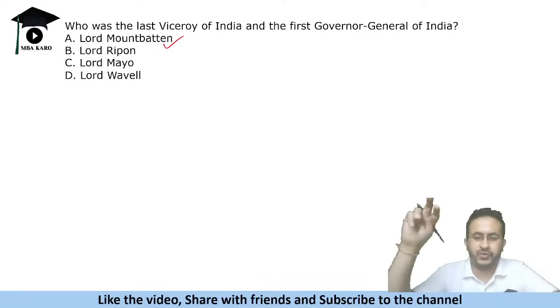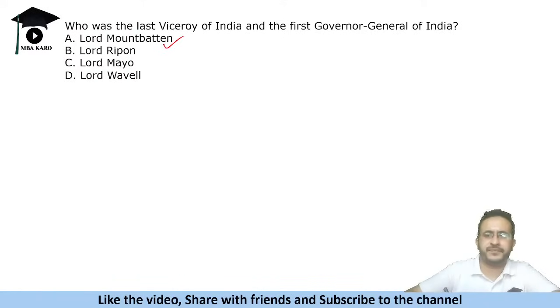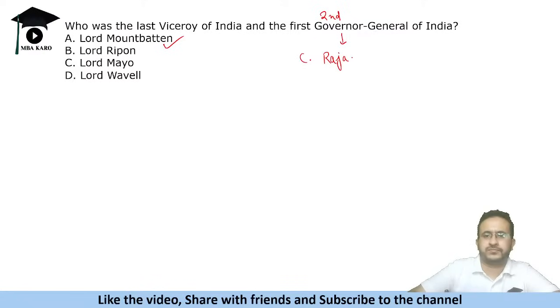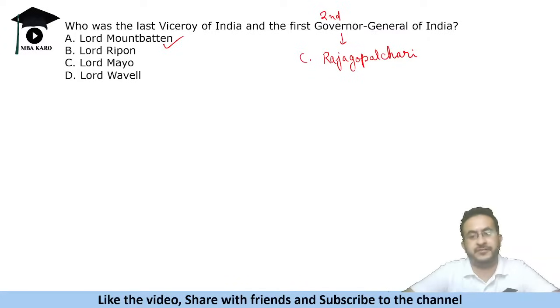And who was the second Governor General of India? Second कौन था? Yes, चक्रवर्ती राजगोपालचारी. He was the second Governor General of India, and then post that फिर तो president बनने शुरू हो गए थे.